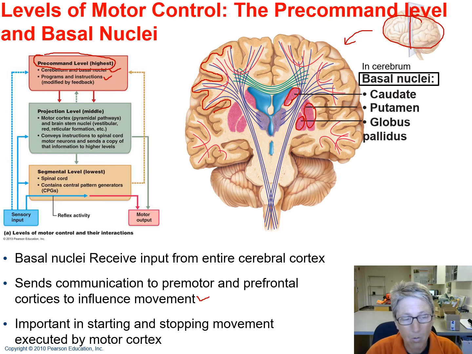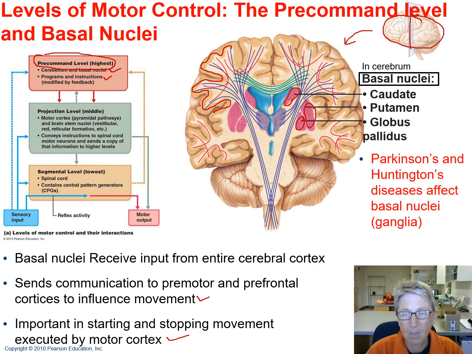So motor control is movement. The basal nuclei is important in starting and stopping movement that was initially initiated by the motor cortex. Diseases like Parkinson's disease and Huntington's disease affect the basal nuclei.